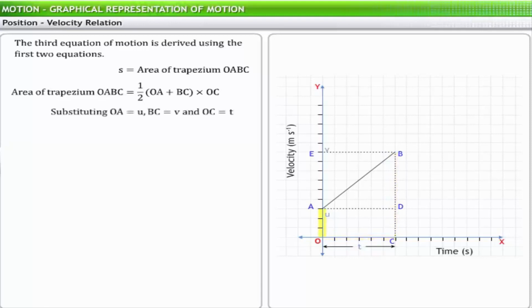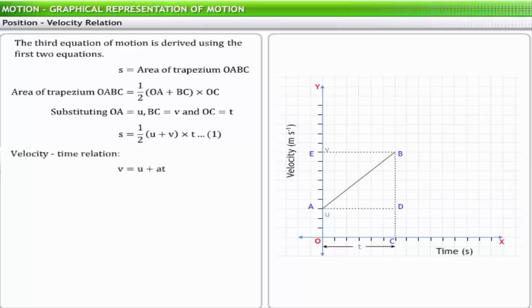Substituting OA is equal to U, BC is equal to V, and OC is equal to T, we get S is equal to half of u plus v multiplied by t as equation 1.